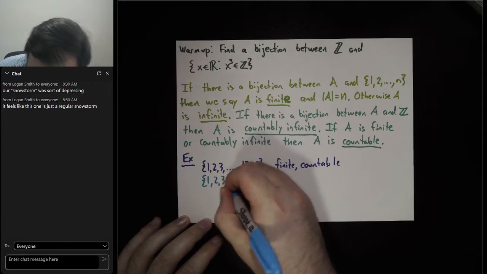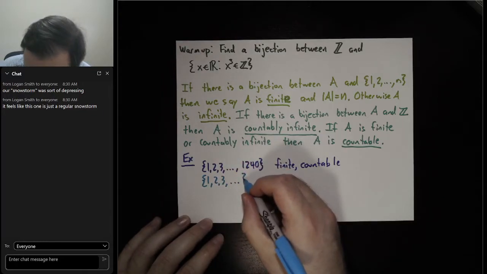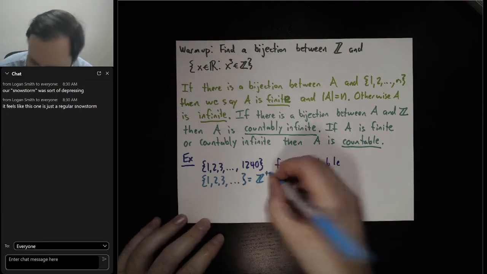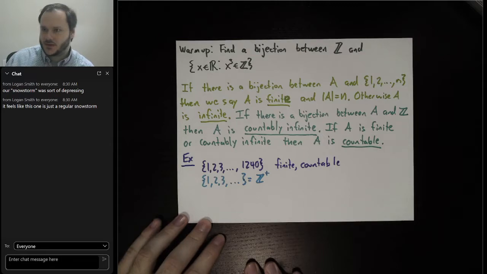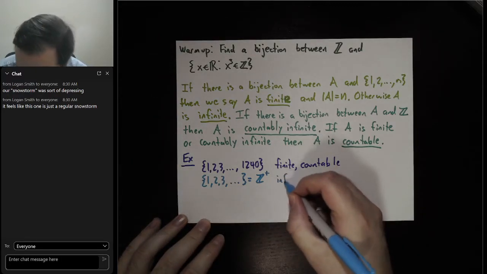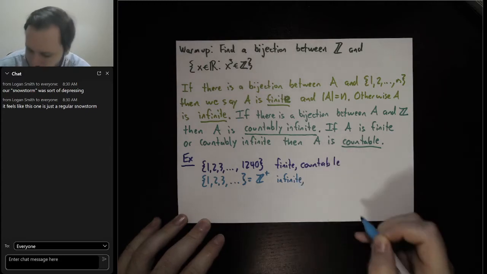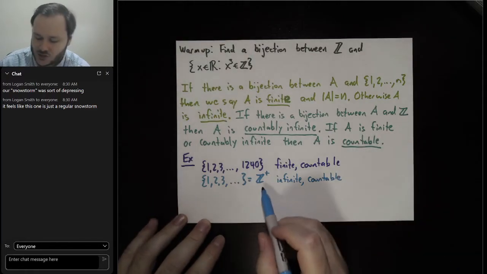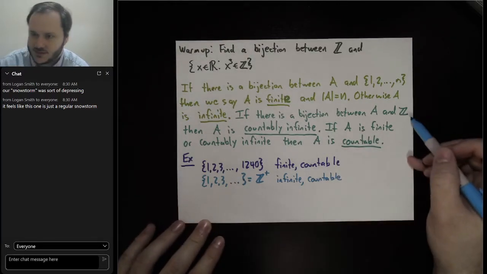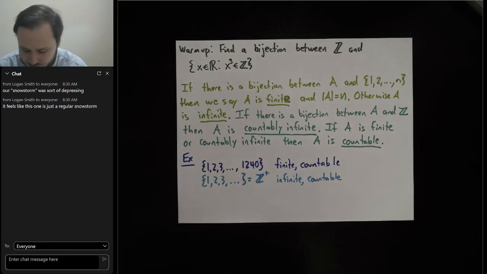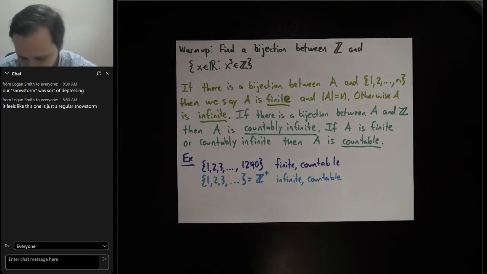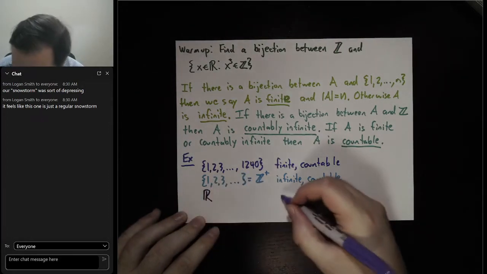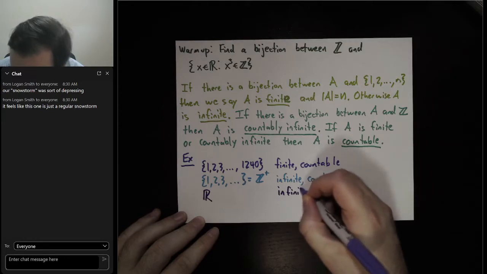The set 1, 2, 3, just going on forever, which is the same as saying the positive integers. This set is infinite and countable. We saw last time that there's a bijection between this set and the integers. And then the real numbers, we saw that these were infinite, but they are not countable.